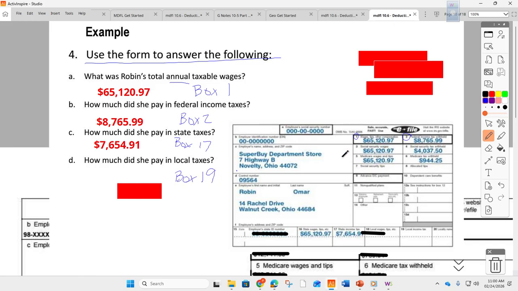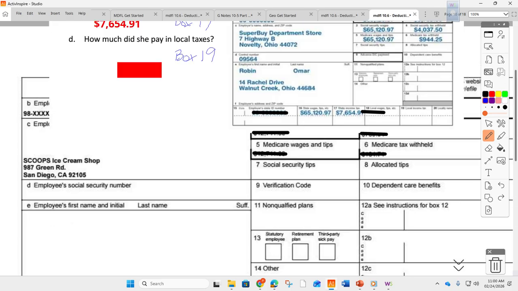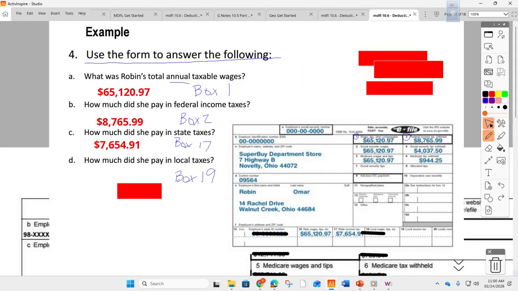I'm going to show you on this one to read it a little bit better. So 19, local income tax. And she doesn't have anything in that box because she paid 0 local income tax. If the box is blank, that means it did not apply to you. You didn't pay it. Any questions?